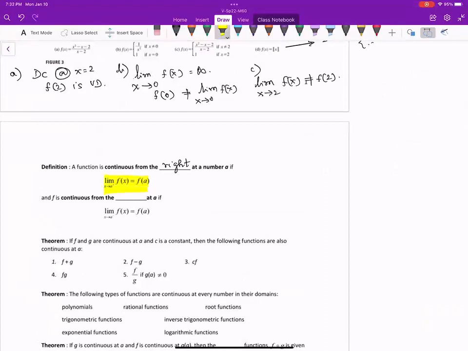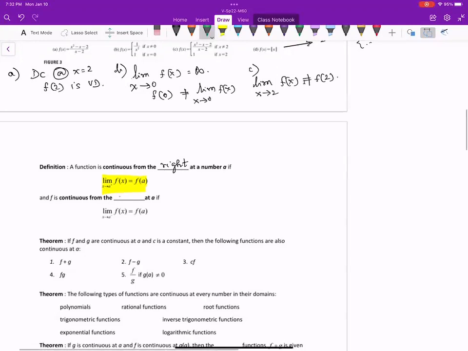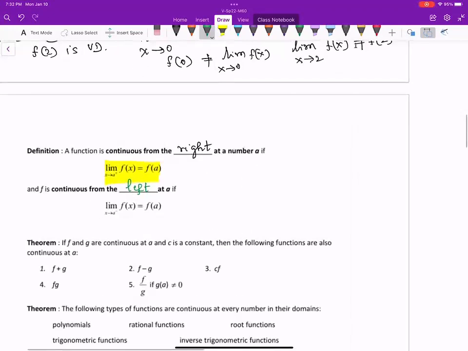It is similar to the idea of right limit and left limit, but here we are extending that property to continuity, which means that the limit should not only exist on the right side, but it should coincide with the value of the function at a. And f is continuous from the left at a if the limit as x approaches a from the left of f of x equals f of a.